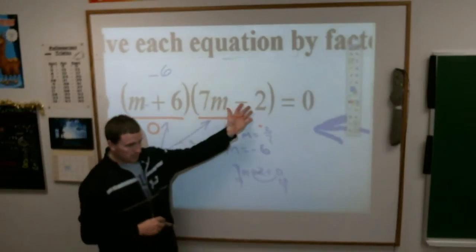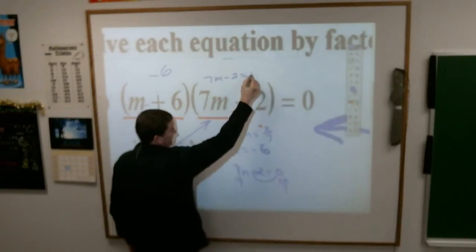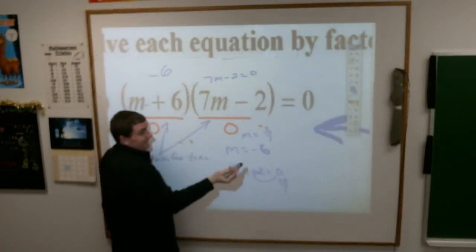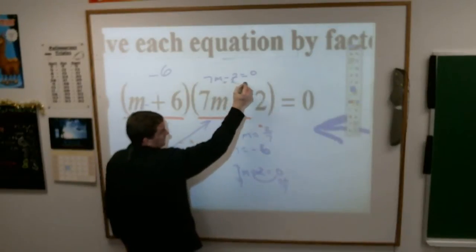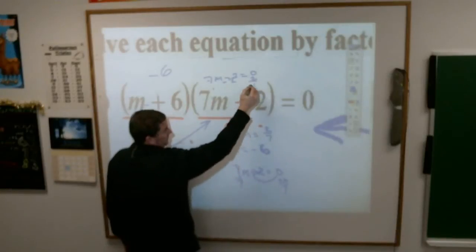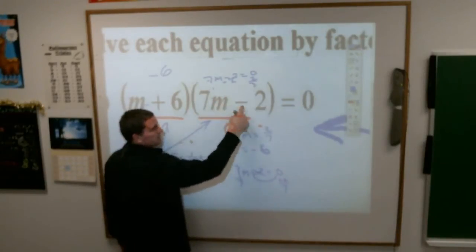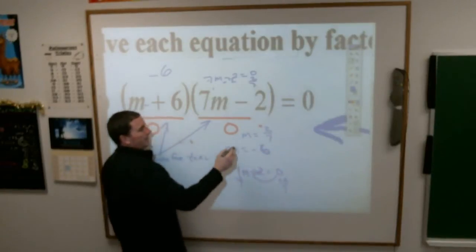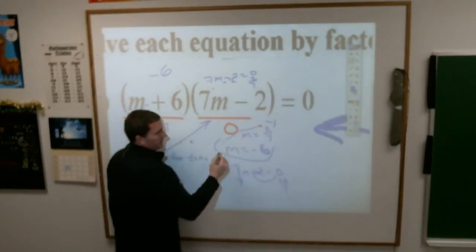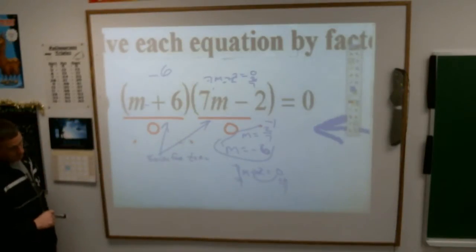I solve it like any equation I ever do: add 2 to get 2 to the other side, and then divide by 7. If I take 7 times 2 sevenths, I get 2. 2 minus 2 is 0. So the two answers for this are right there, negative 6 and 2 sevenths.